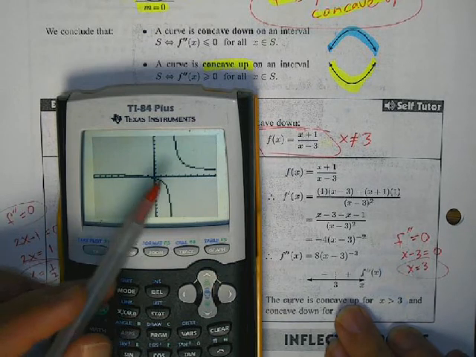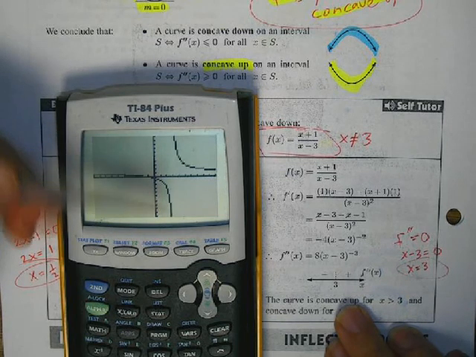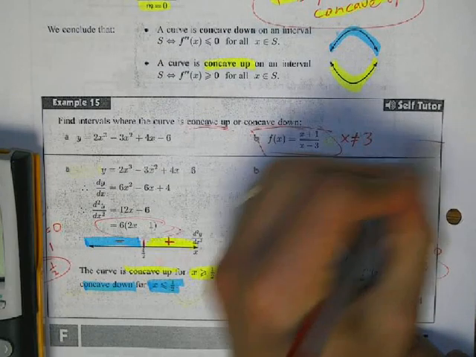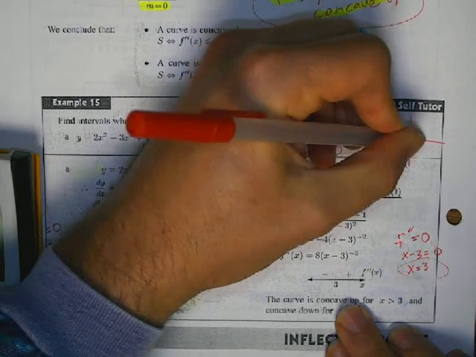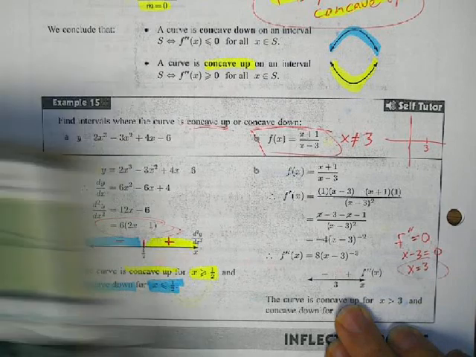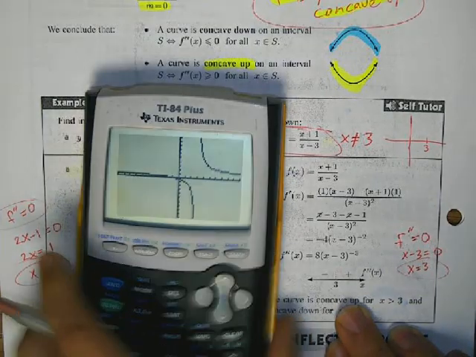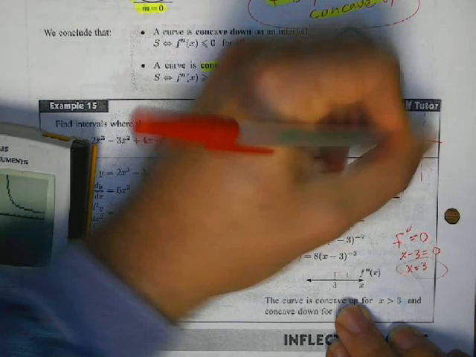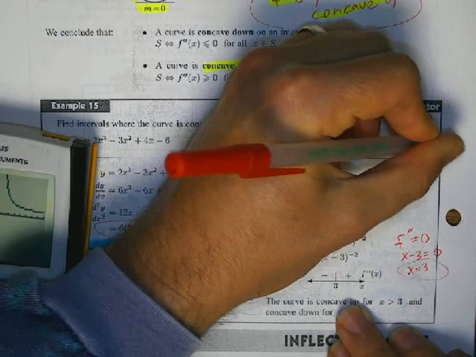So we have a vertical asymptote at 3. I'm just drawing a sketch so you can see. So it looks like this. We've got a vertical asymptote at x equals 3.